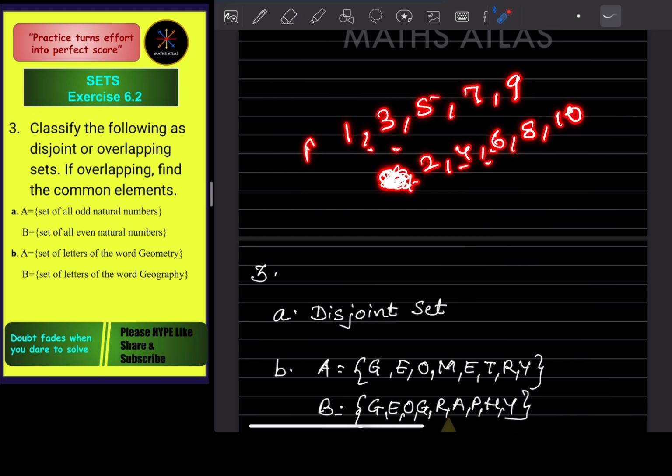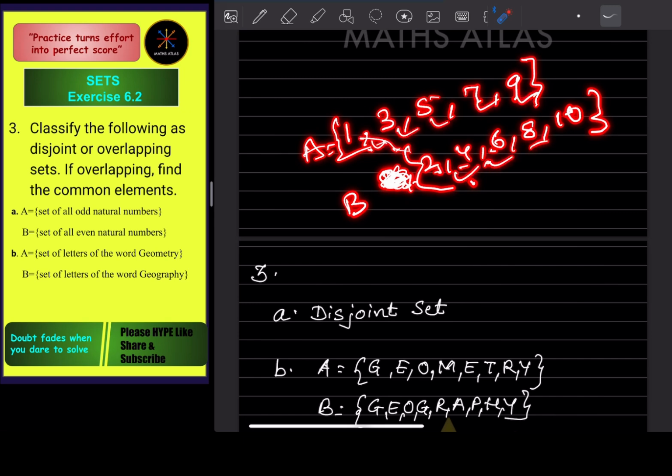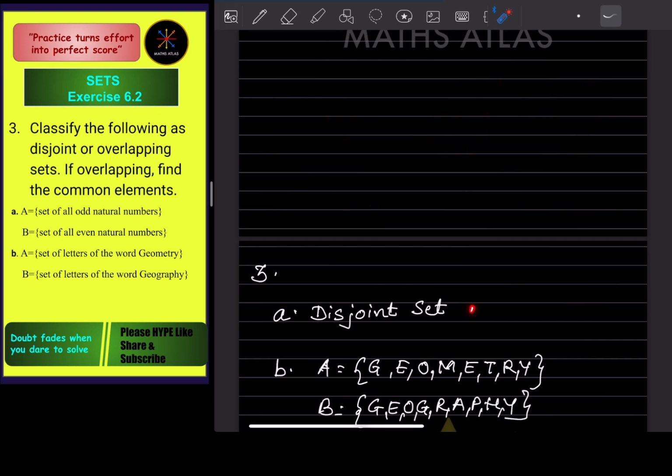When you compare both, there is no element which is common. Whenever there is no common element, because all these numbers are different, we say that they are disjoint sets.